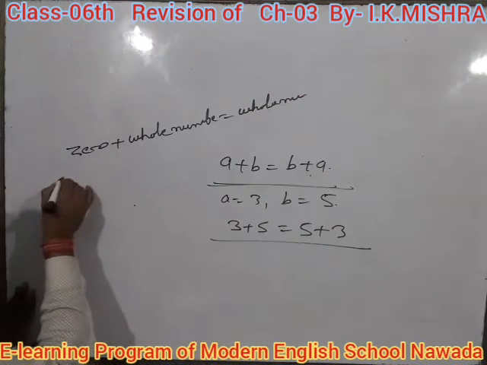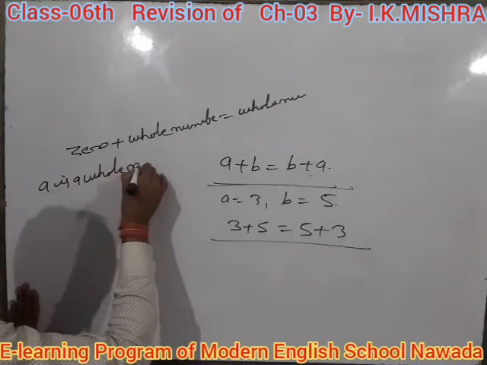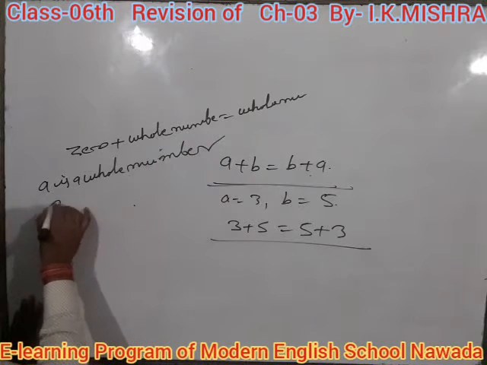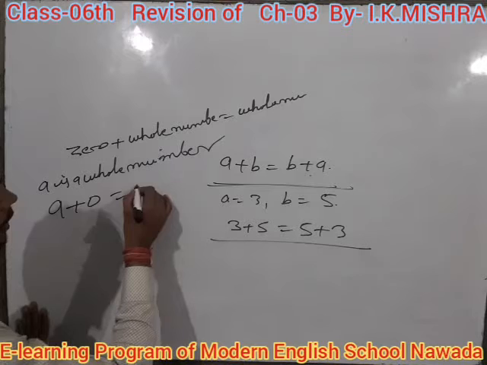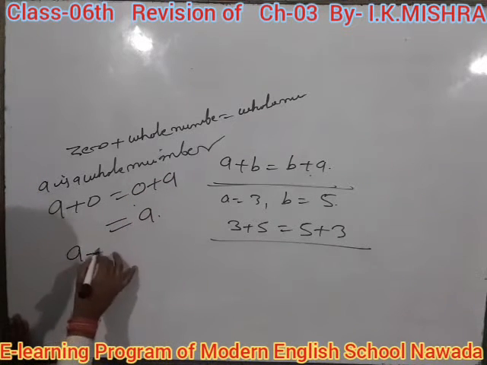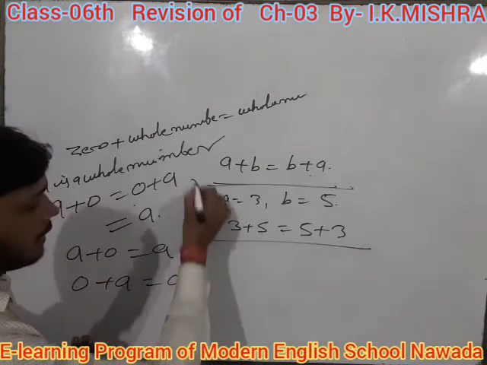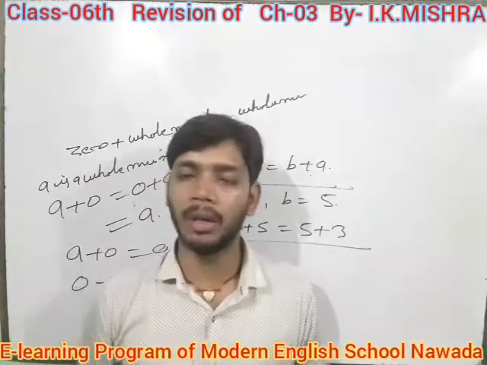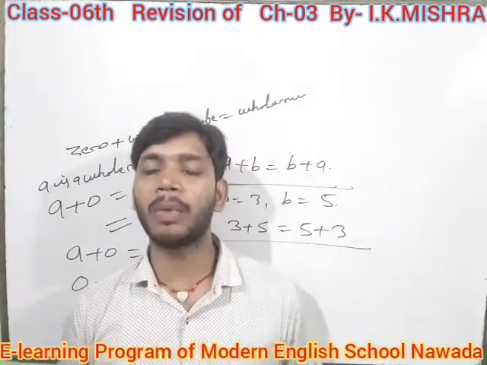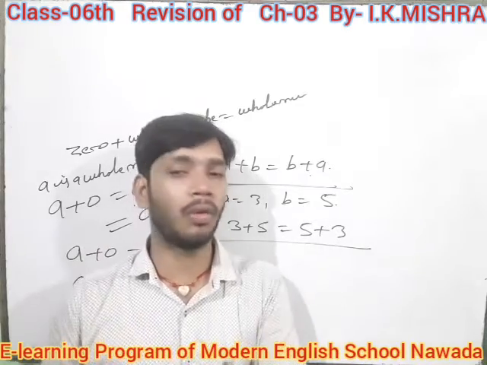Suppose A is a whole number. Then A plus 0 is equal to 0 plus A, and the result will be equal to A. That means when you add any whole number with 0, the result is that whole number. This property is known as the additive property of 0 of whole numbers.